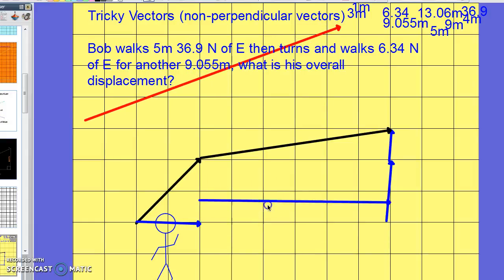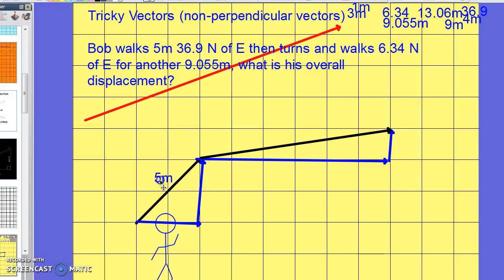So, if our goal is to find these blue vectors, we need to get some specifics for the problem. Let's see. We go 5 meters at 36.9 degrees north of east, because you start at the east and go to the north of it. And then we have 9.05 meters at 6.34 degrees north of east.